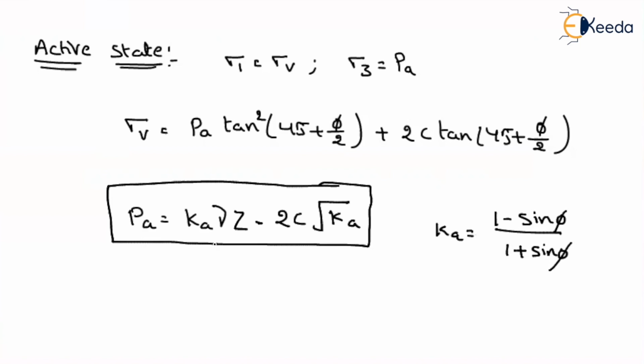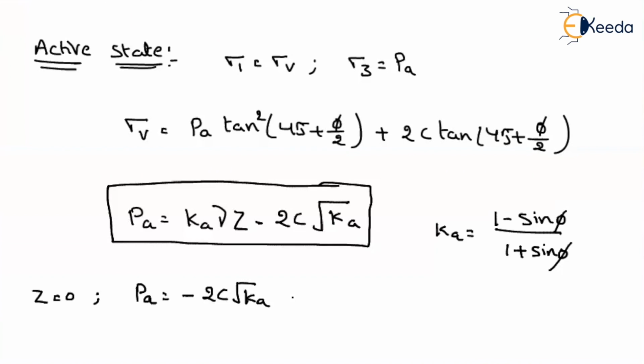Now if you understand this equation clearly, let us say you are going to find the active earth pressure at the top of the soil. At the top, Z will be equal to 0. Then the active earth pressure magnitude will be equal to minus 2c into root Ka.